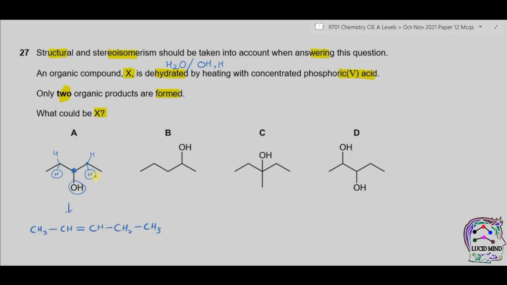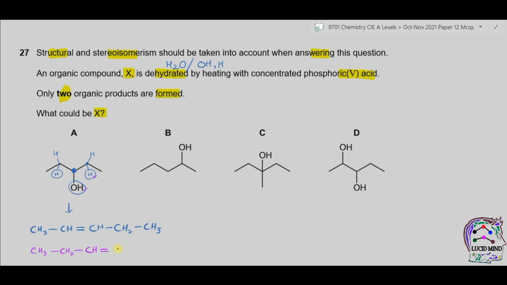Again, a similar product is formed if we remove this hydrogen atom and this OH, because the double bond will come between these two carbon atoms. We can write the product CH3. Then we have this CH2. Then this carbon gets OH removed. Then we have the double bond.